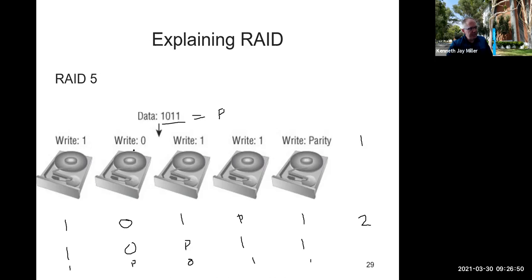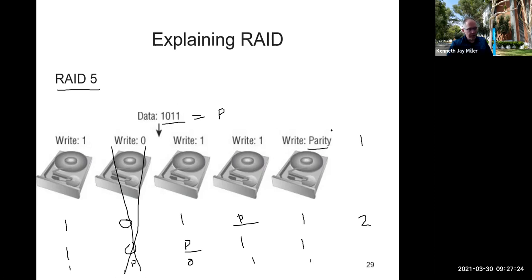So if this entire disk fails, I can rebuild what's missing because I have a parity here, here, and here that I can use to rebuild whatever is missing from this disk. Now, this last one, I don't have to rebuild anything because I have the data already. It's not damaged. So with RAID 5, you can experience a single disk failure and not lose any data.